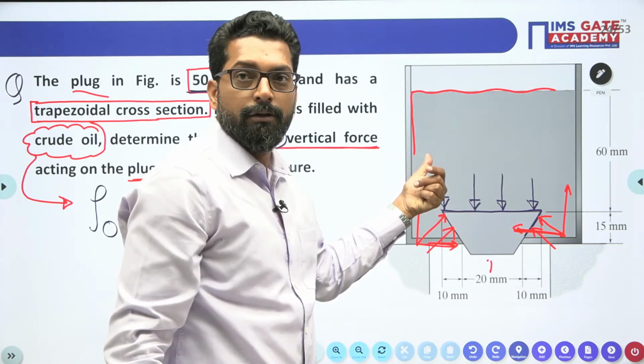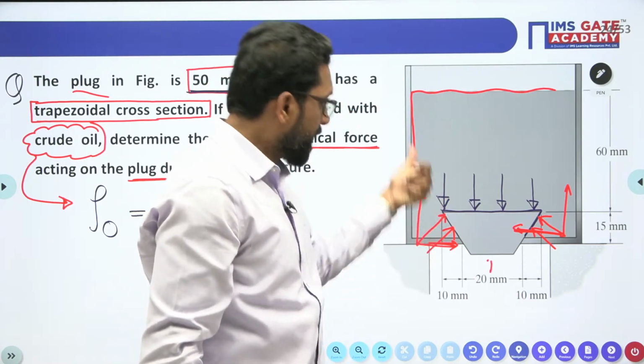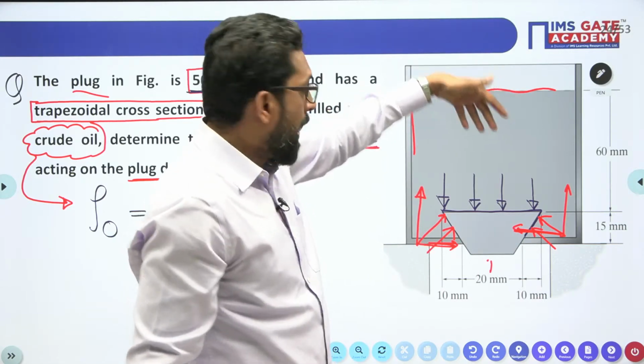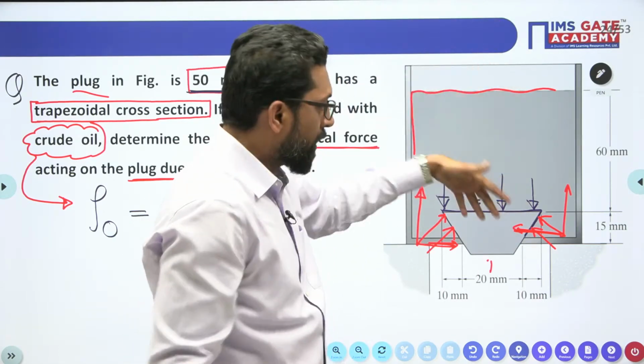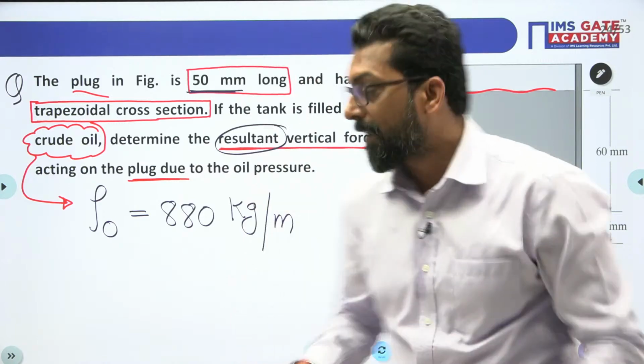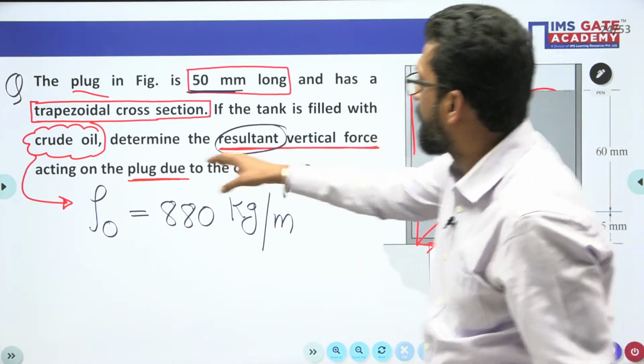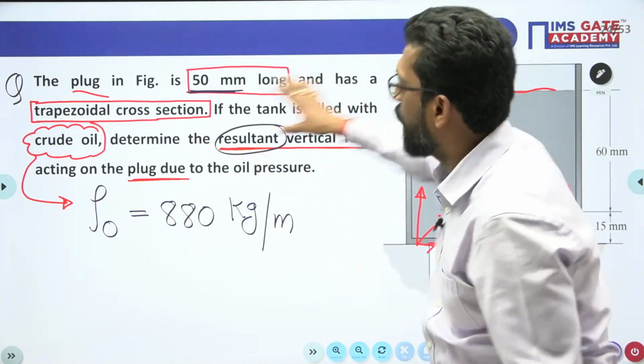The vertical pressure is downward, so the net pressure will create the resultant vertical force.